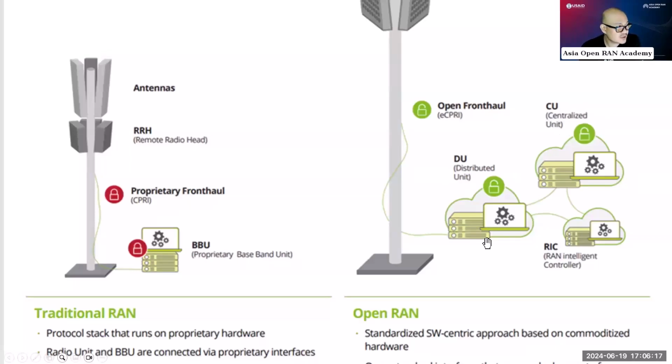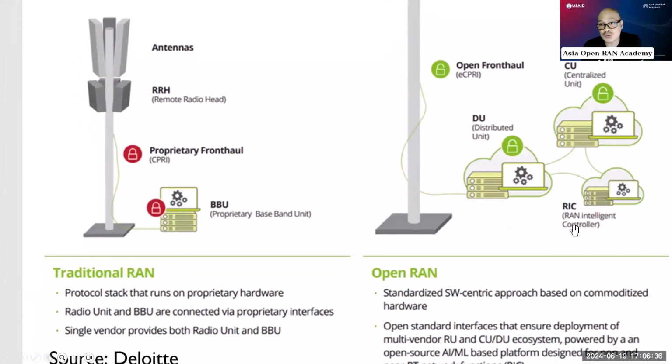In terms of the protocols, there's another session about how the protocols are divided between the centralized unit and the distributed unit. One thing that is also evident is the presence of a new controller, the RAN intelligent controller. We already saw a controller way back in the 2G GSM era and the UMTS or 3G era.